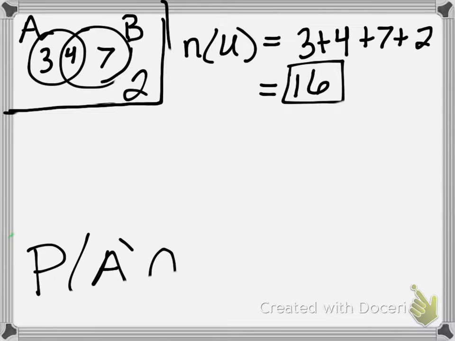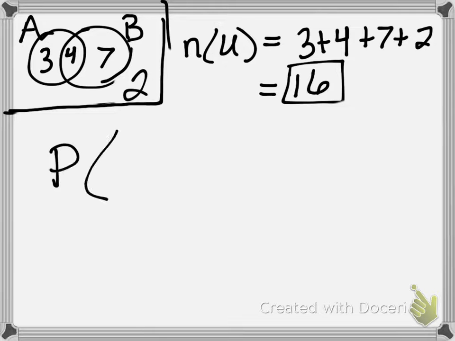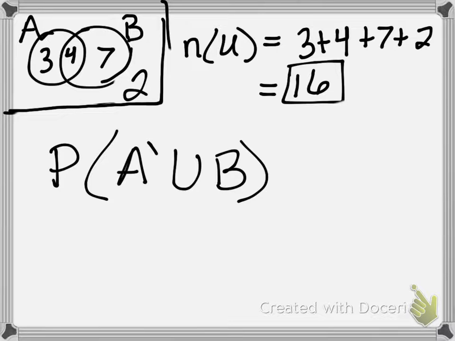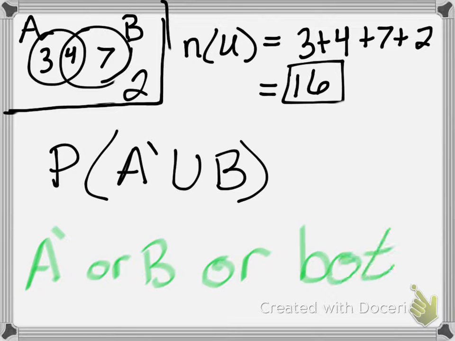Now with these probabilities, we also have to talk about the union between them, the "or". Remember, the "or" means one or the other, or both.